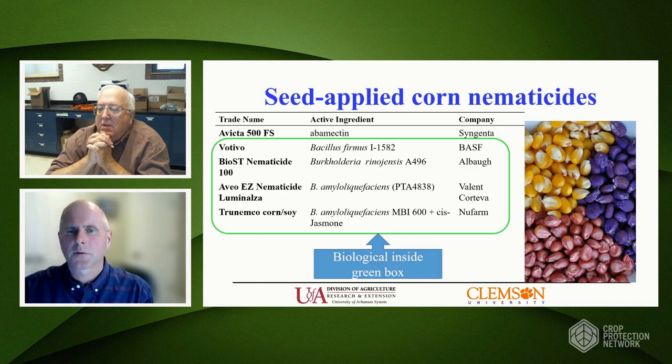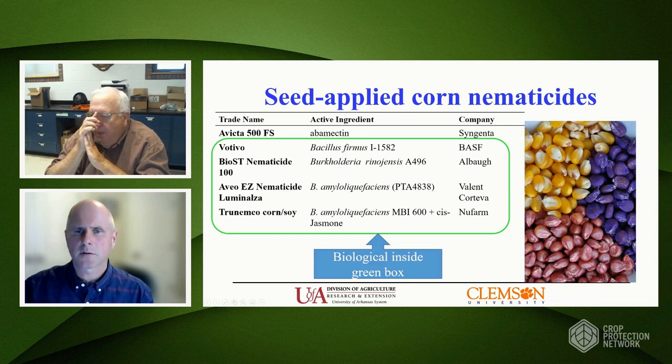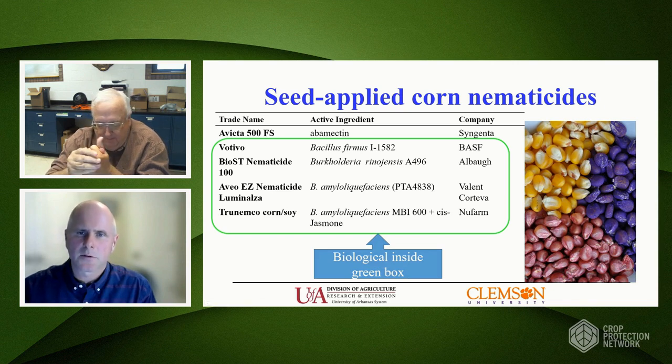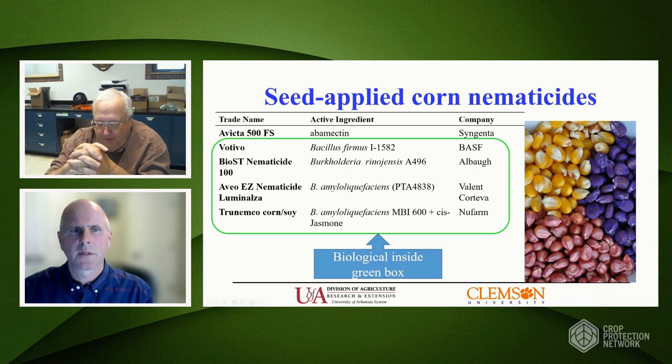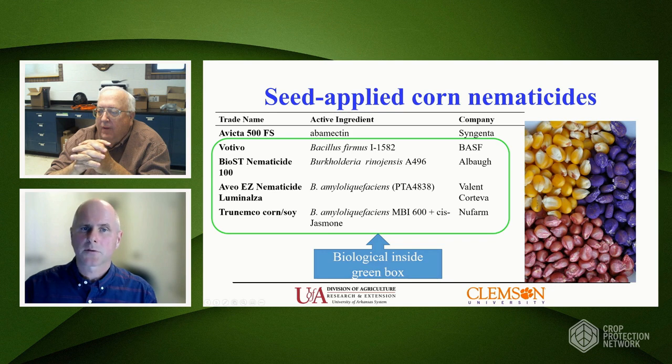Within Trinimco, it's the cis-jasmone that stimulates SAR, systemic acquired resistance, or induced systemic resistance in the corn plant to provide some protection. And the other one here, the heat-killed Burkholderia rinojensis from Albaugh is basically dead material, so it's not living.